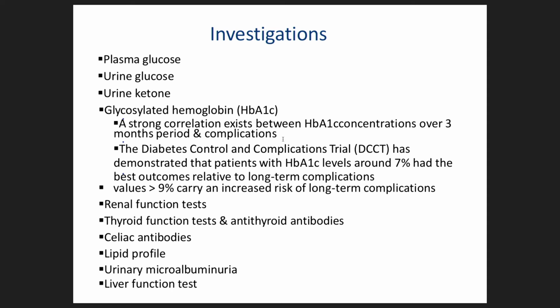But hemoglobin A1C also has another important value in any child, adolescent, or adult with diabetes: to recognize the control of the disease. Up to 7% hemoglobin A1C in a patient with diabetes is a good control.